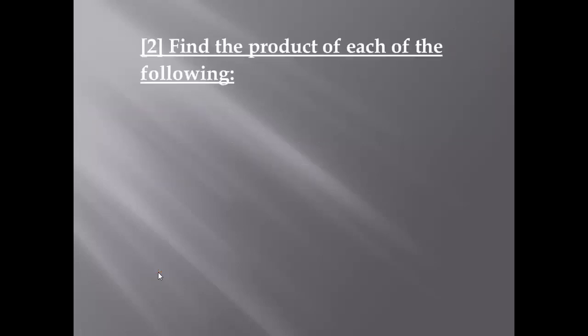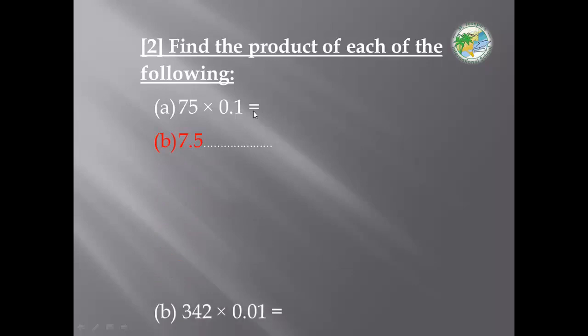Now, find the product of each of the following. 75 times 0.1. We can answer without the method. 1 times 75 equals 75. We write the decimal point after what? 1 digit. It will be 7.5. Very good.